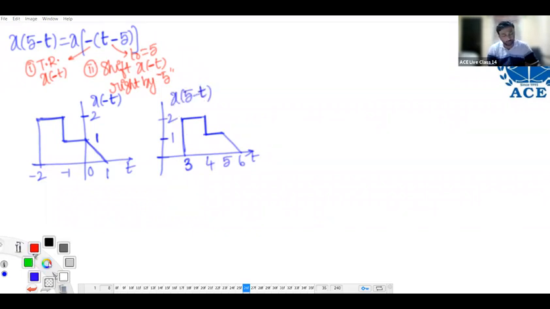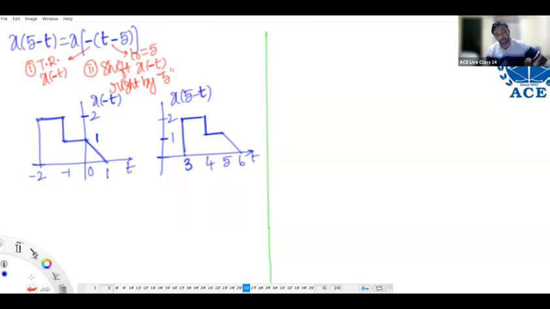It covers from 3 to 6. First reverse, then right shift we have done. What is the alternative style? That way also everyone check, just for an idea.